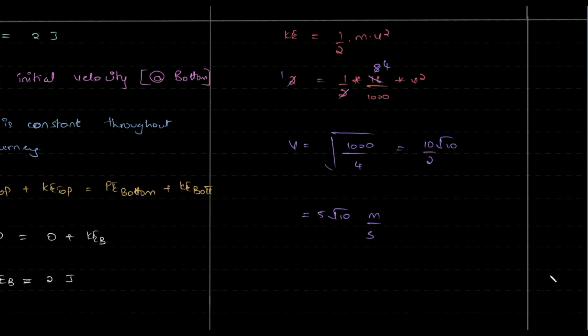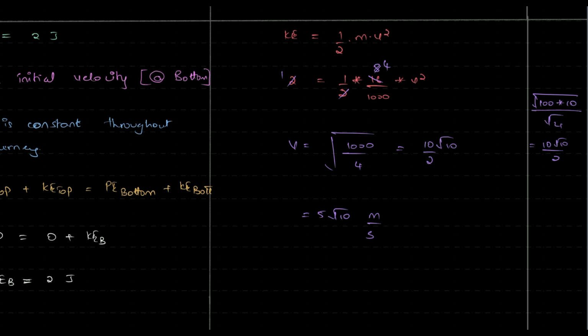People who are confused about how I got this, this is for you guys. 1000 can be written as 100 into 10, so the square root of 100 into 10 divided by the square root of 4 is 10 root 10 divided by 2. All of this comes under exponents, which is taught in the basics, so you have to watch the basics to understand all of this.